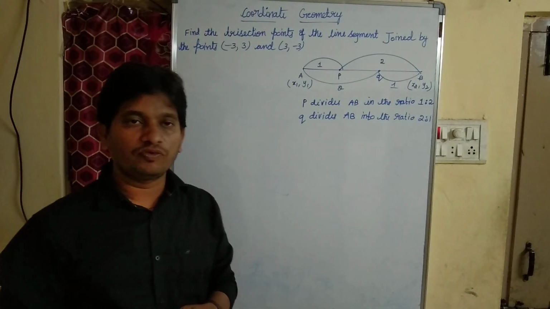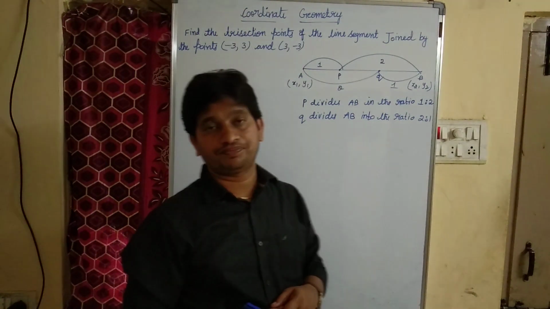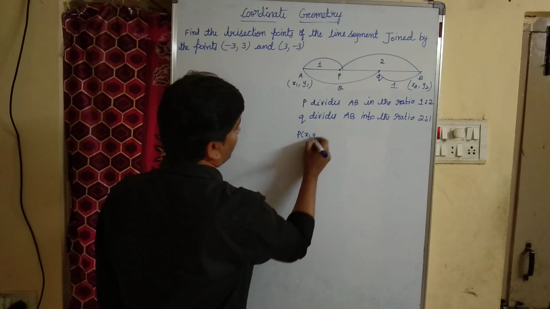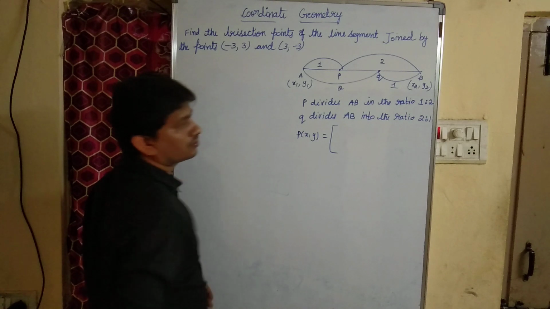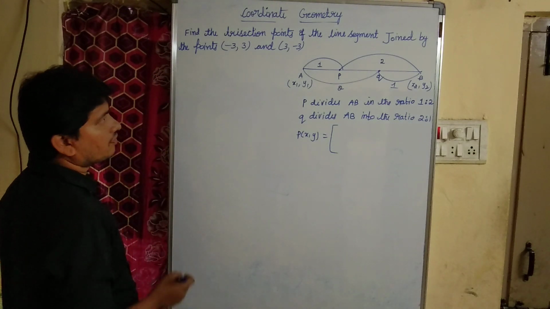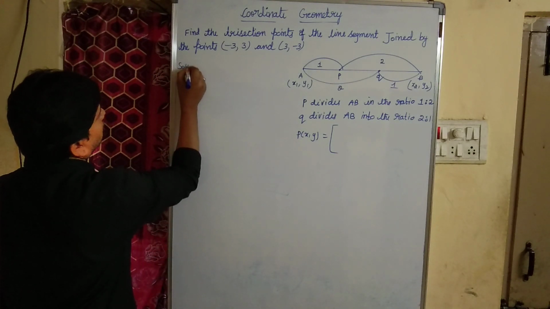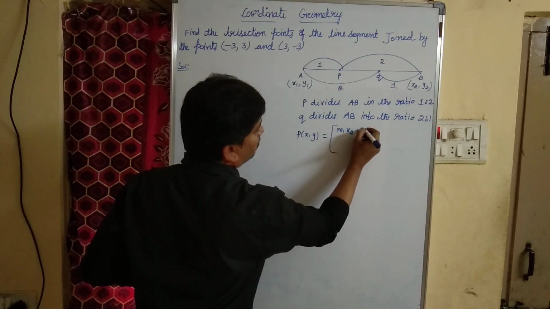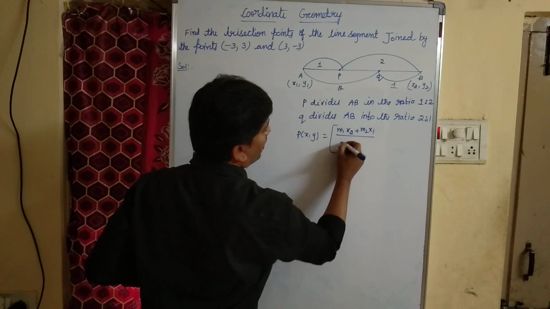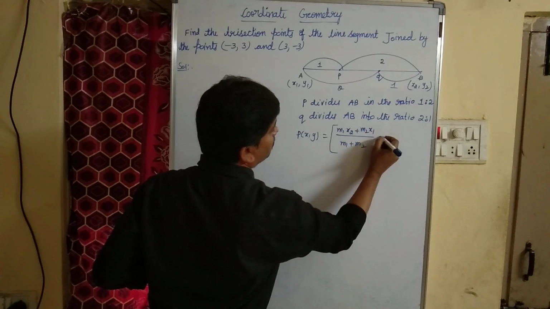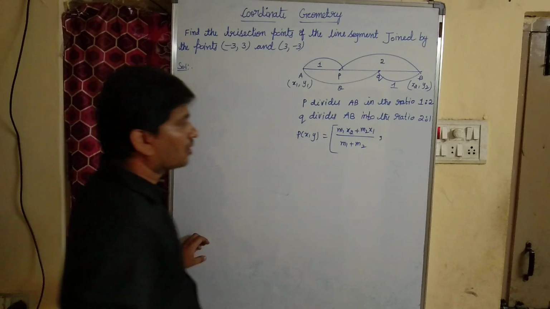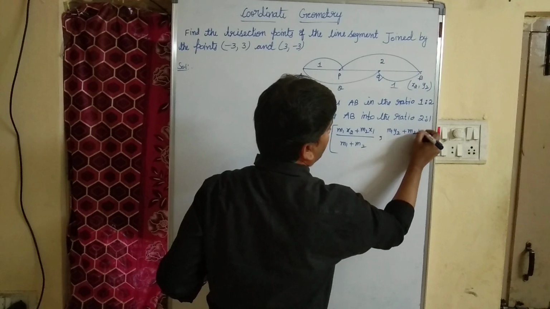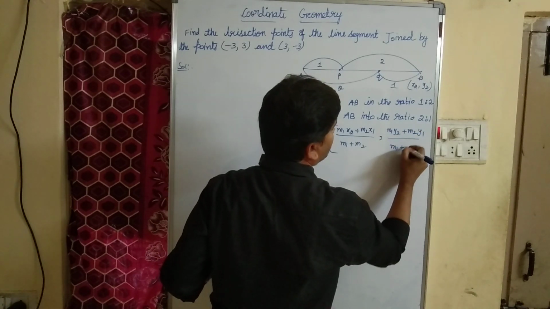And in this problem, we have to apply the section formula. You know children, what is the section formula? That is P of x, y equal to, let me write here, P of x, y equal to m1 x2 plus m2 x1 divided by m1 plus m2, comma, m1 y2 plus m2 y1 by m1 plus m2.